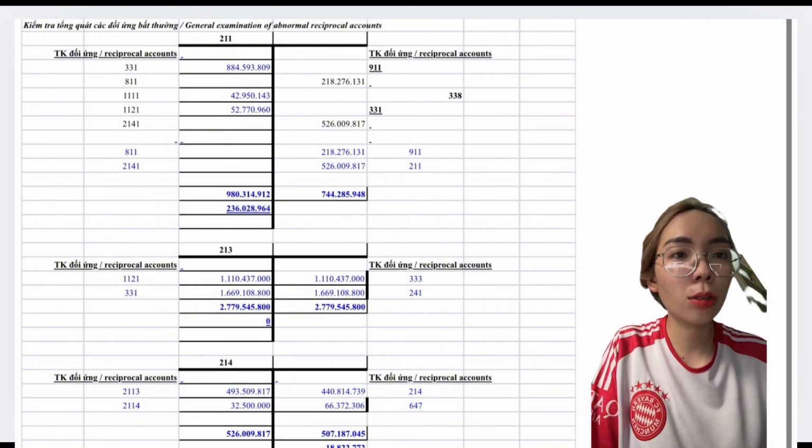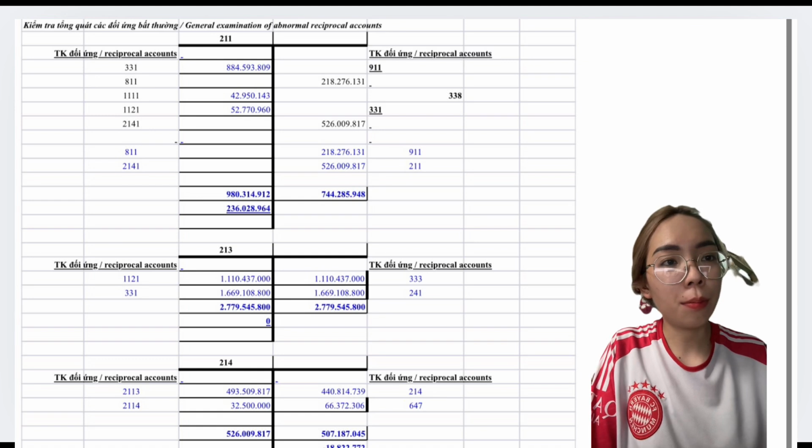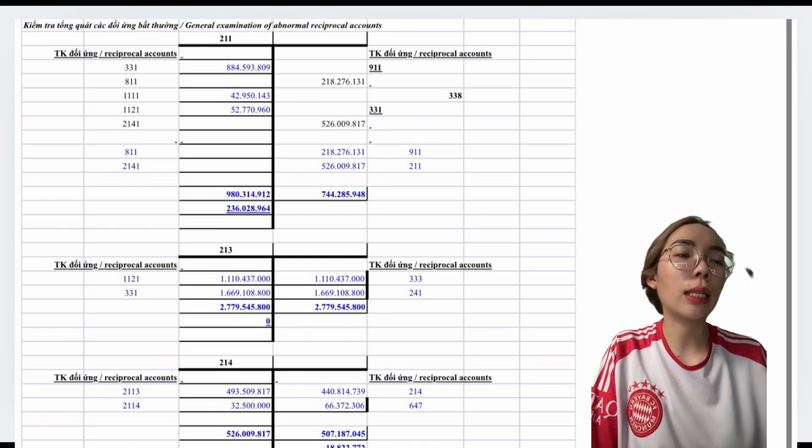For account 213 intangible fixed assets, with reciprocal accounts 1121 and 331, the observed entries are perfectly balanced between debit and credit sides.